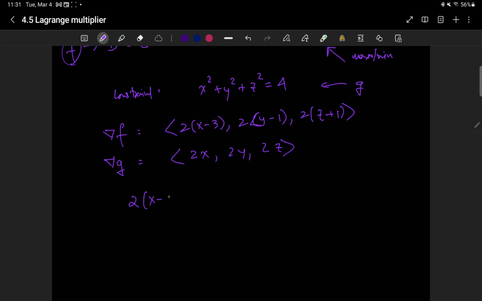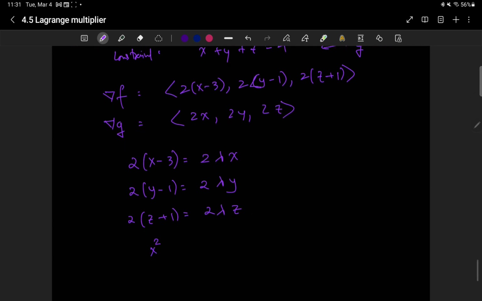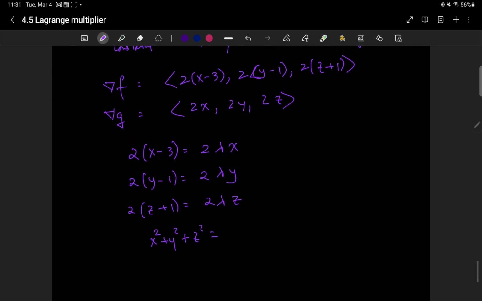I need 2 times (x minus 3) to be 2 lambda x, 2 times (y minus 1) to be 2 lambda y, and 2 times (z plus 1) to be 2 lambda z. And I need x squared plus y squared plus z squared to be equal to 4. So we have 4 variables and 4 equations, which means we can solve this.